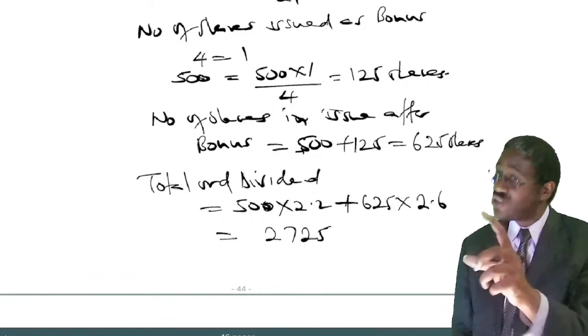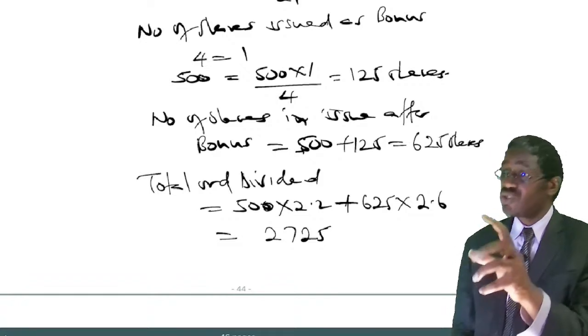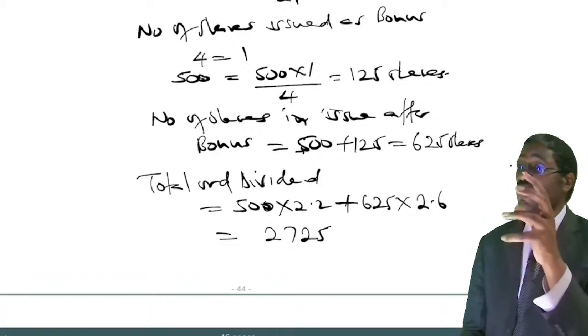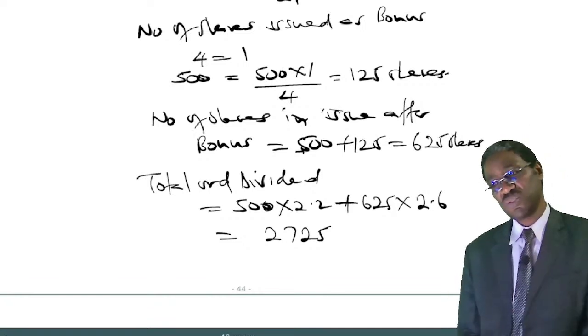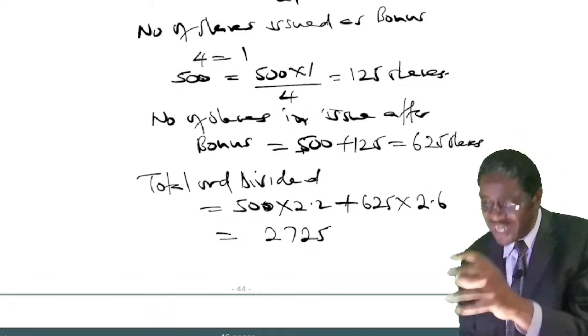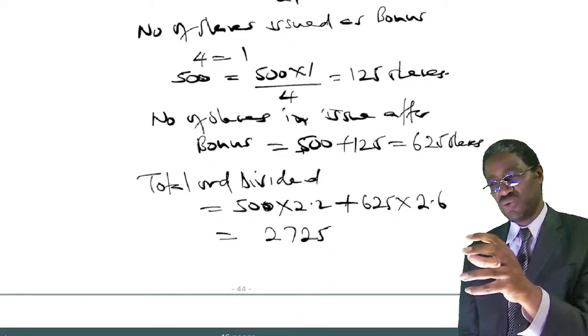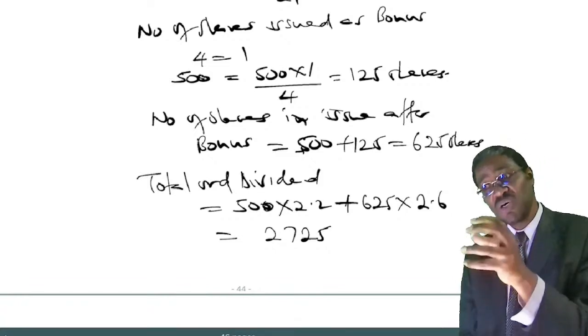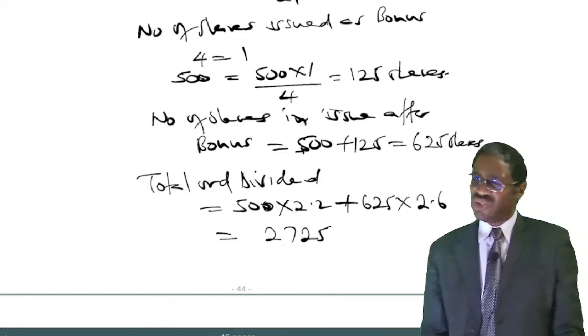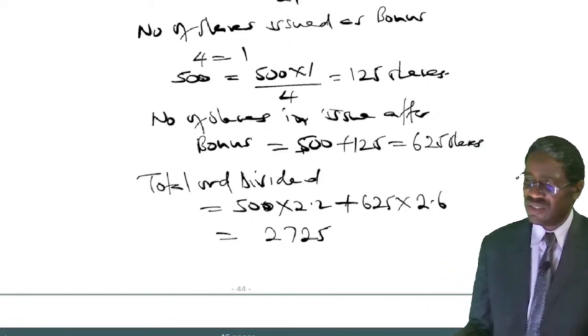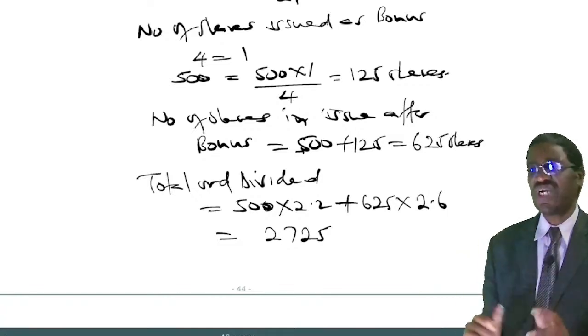Again, not with the 2.6, because cost of sales we normally compute using cost. That's why we call it cost of goods sold. So we shall correct the cost of goods sold with the cost of that stock. In other words, we are trying to say, listen, your closing stock is undercosted.